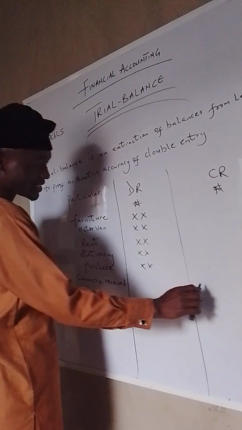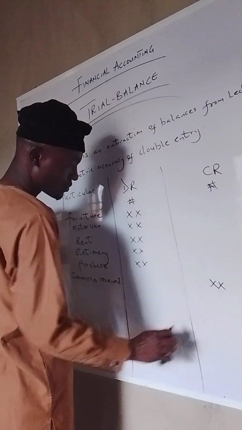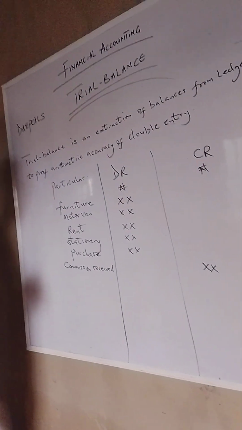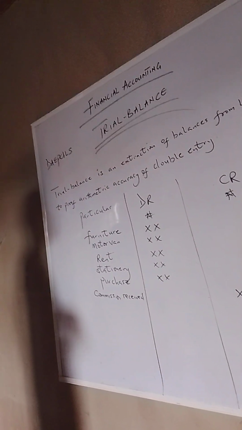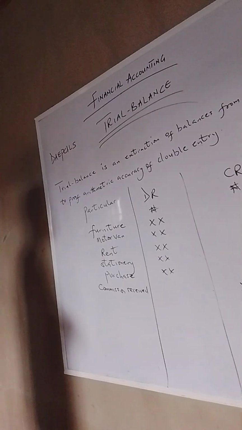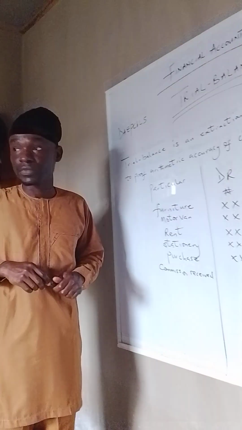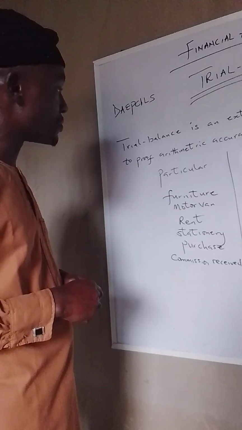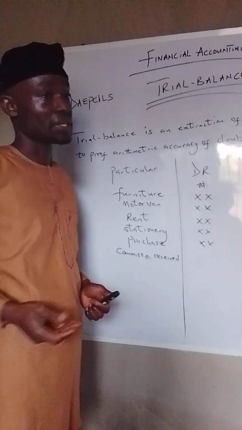Commission received will be at the credit side because it's an income. We all know what commission is. Assuming I am into the sales of books, maybe I'm selling a financial accounting textbook and I give it to somebody to sell on my behalf.